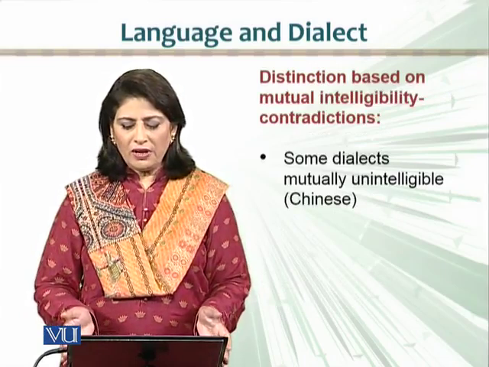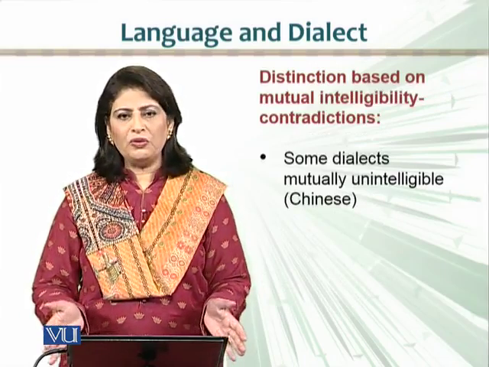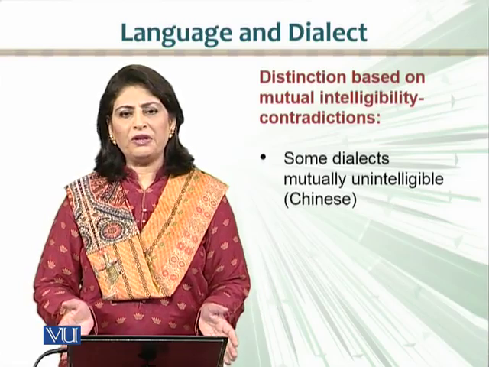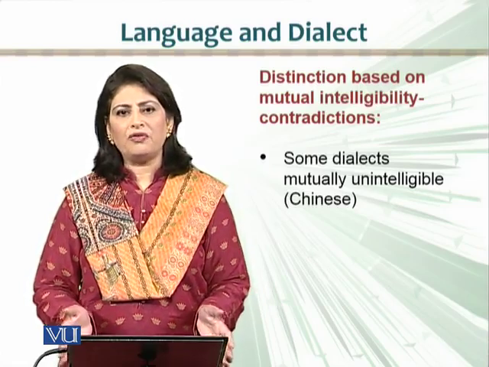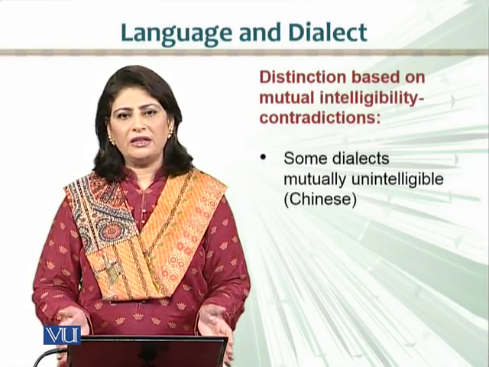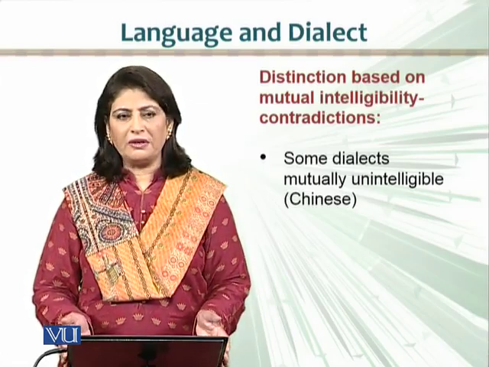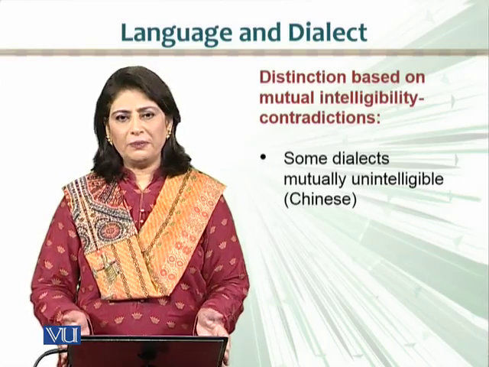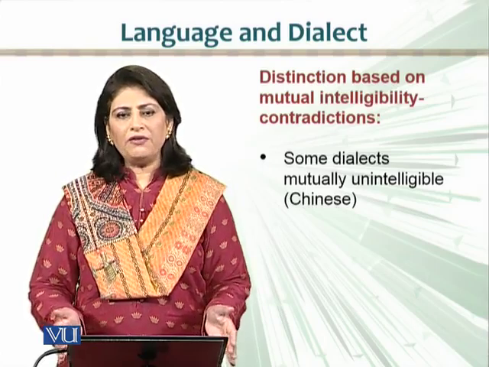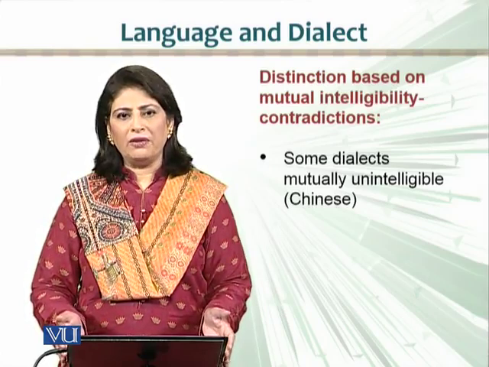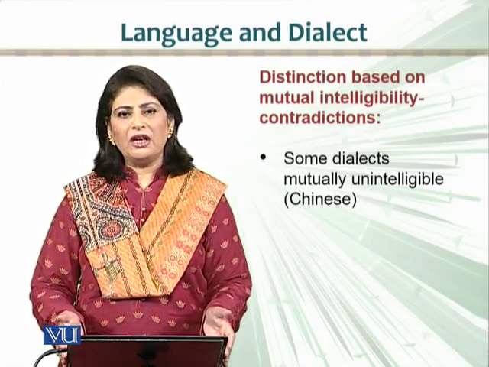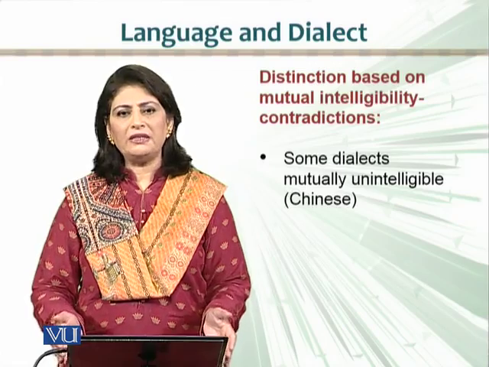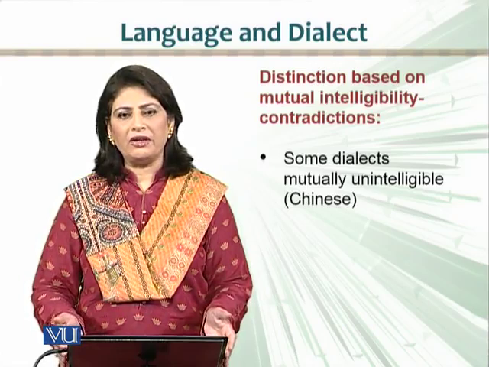Similarly, something that differentiates a language from a dialect is the criterion of intelligibility. We would say, for instance, that if people using two languages are not able to understand each other, that means they are using different languages.